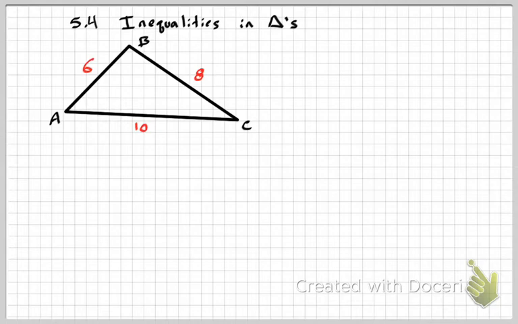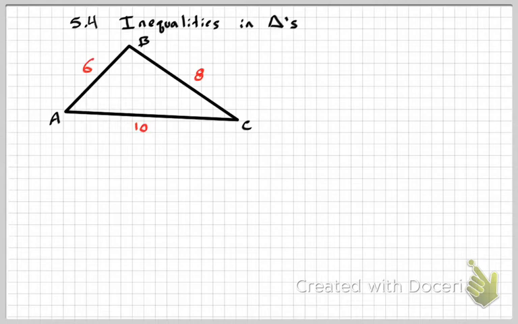And it kind of goes back to that isosceles triangle theorem, in that the angle measure is directly related to the side length across from it, and vice versa. The side length is directly related to the angle across from it. So when we look at this triangle ABC, notice we have three different lengths, 6, 8, and 10. All three sides are different lengths.